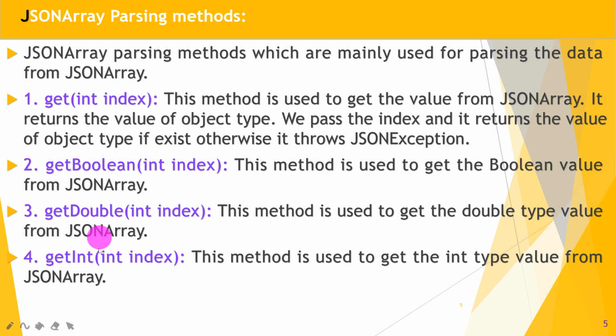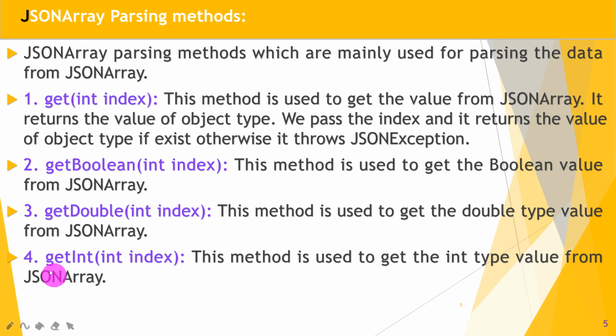These are the methods to return a particular type of JSON object. Great guys. So getDouble, pass the index of that particular JSON object which is stored in the JSON array. So if it exists, it returns the correct value, otherwise it throws the JSON exception.